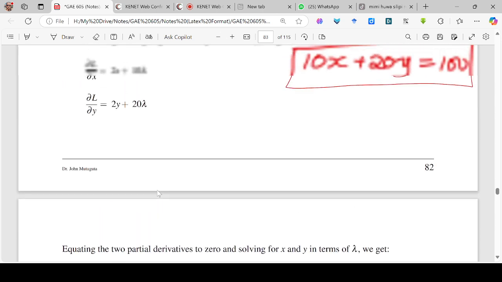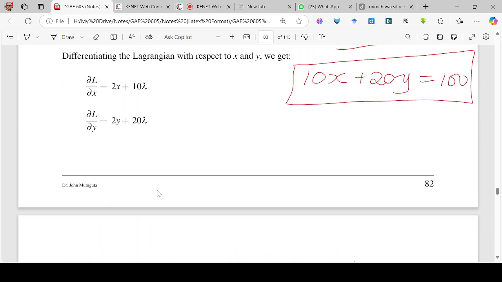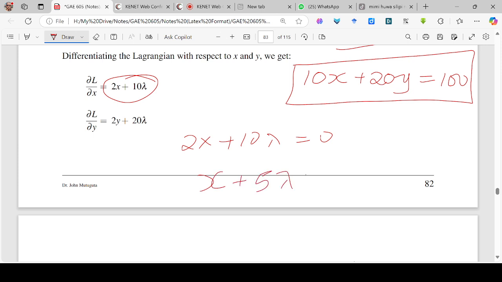From the first equation, 2x plus 10 lambda equals 0, we can divide through by 2 to get x plus 5 lambda equals 0.